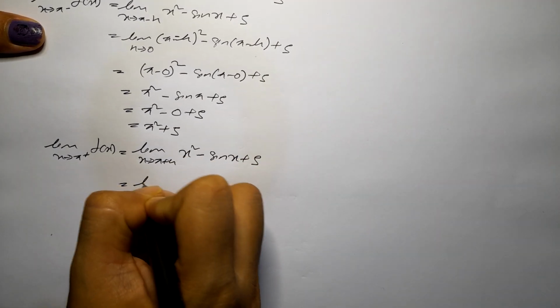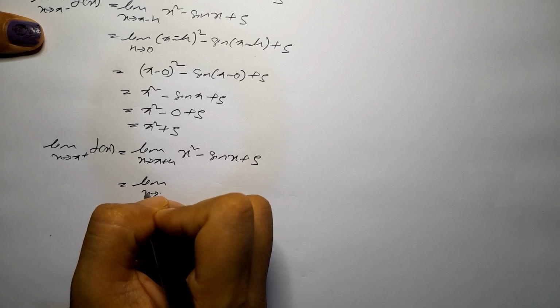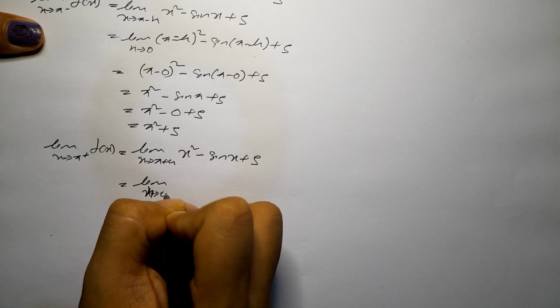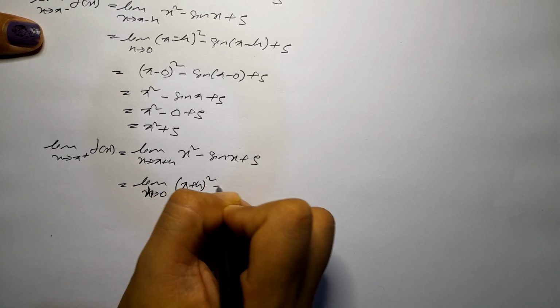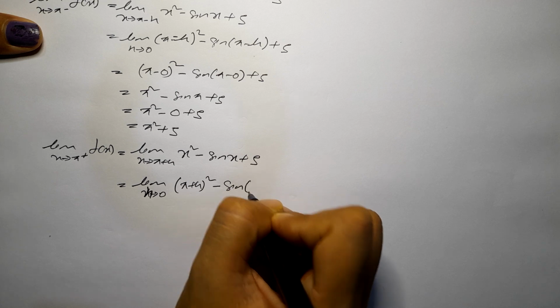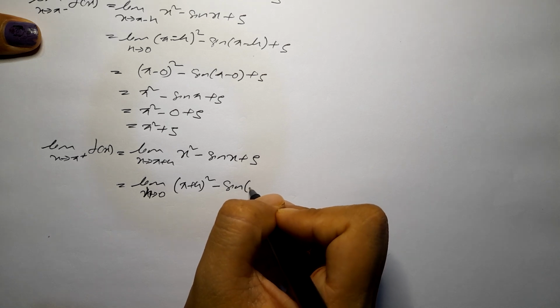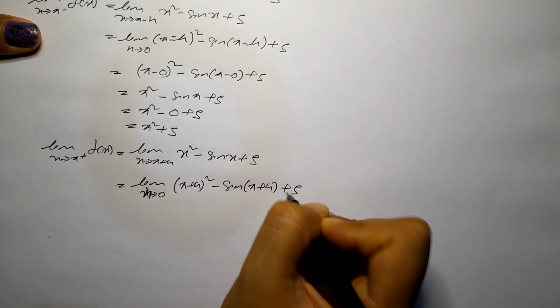So it will be limit, now x tends to pi, so h tends to 0. Instead of x, it will be (pi plus h) whole square minus sin (pi plus h) plus 5.